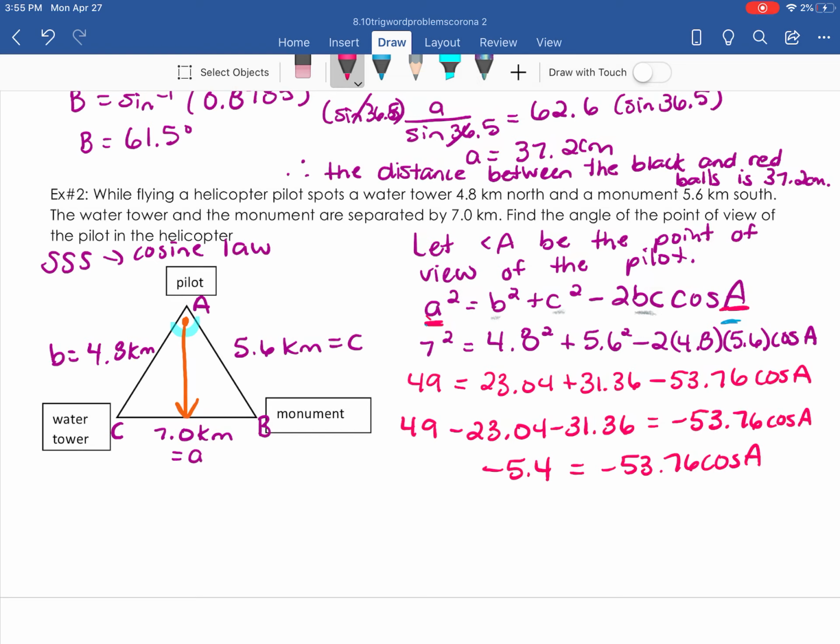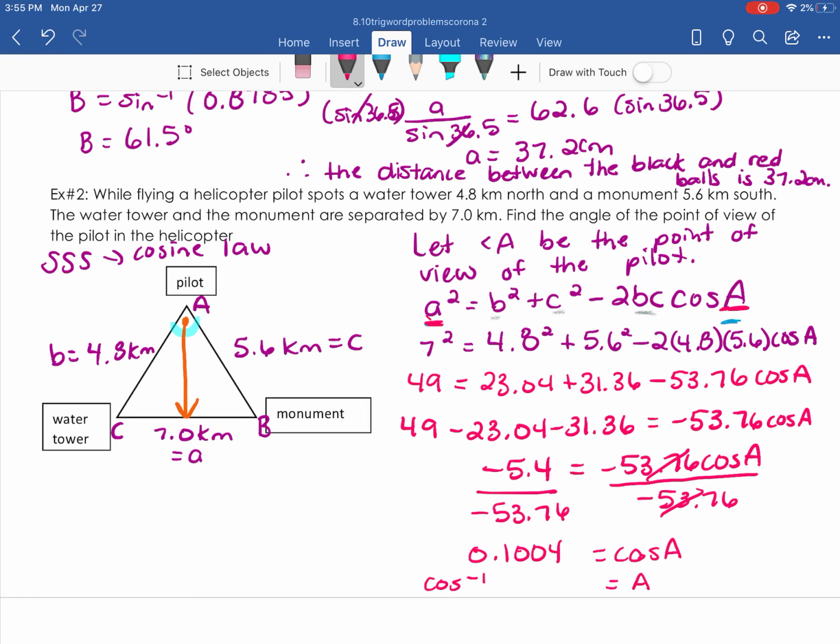And then to get the cos A by itself, you have to divide, which you get 0.1004. And then angle A is cos inverse of that, and I'm running out of room, sorry, which is 84.2 degrees. And then write your answer statement.